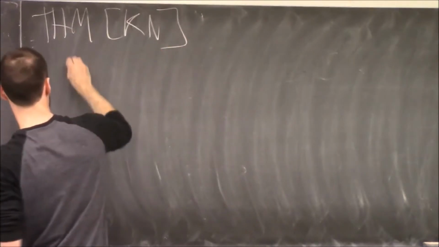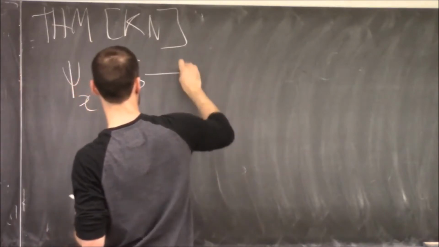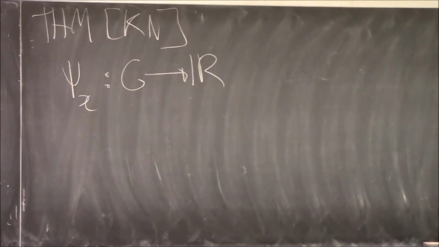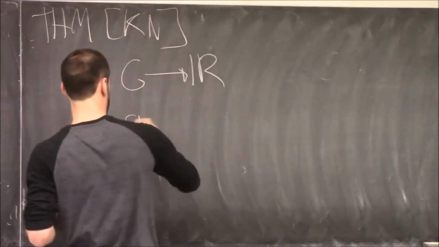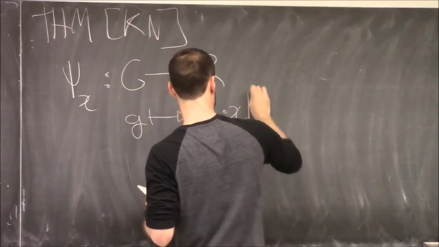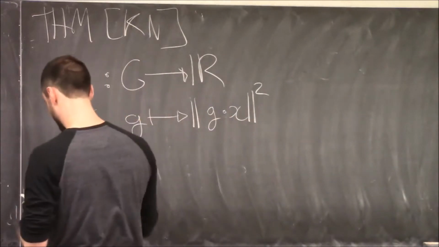it says the following. It says that if you define a functional going from G to the reals, where x is any point on my variety X, and the function is the following, I send the group element to the norm of g acting on that element. So this is going to be essentially my Morse function. So it says two main things.